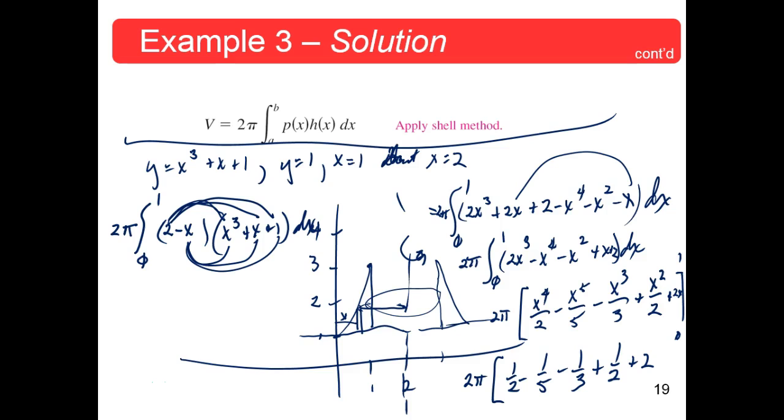I'll do the 0 part. Done. All right. So 1/2 plus 1/2 will be 1, and 1 and 2 is 3. So you got a positive 3 and a minus 3/15 and 5/15. That's minus 8/15. So that'll be 45/15. That's your 3 part.